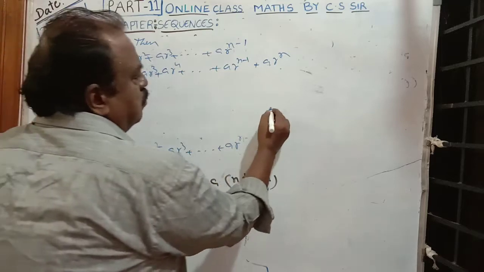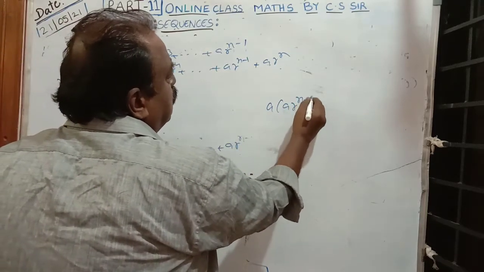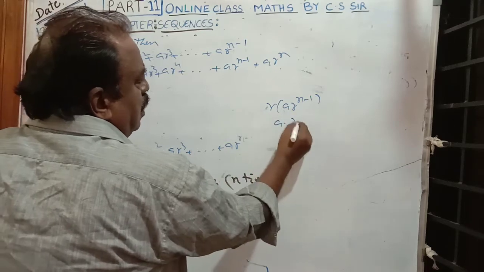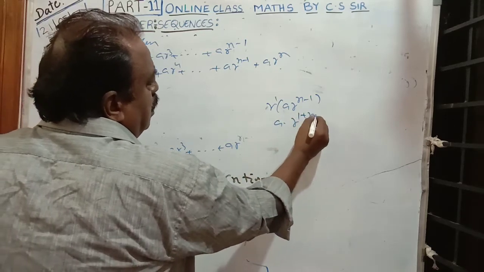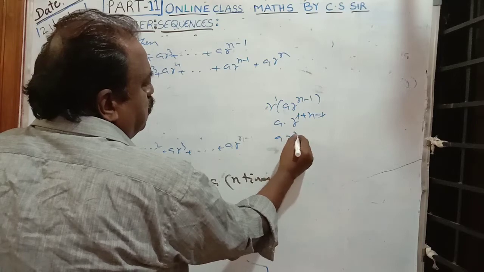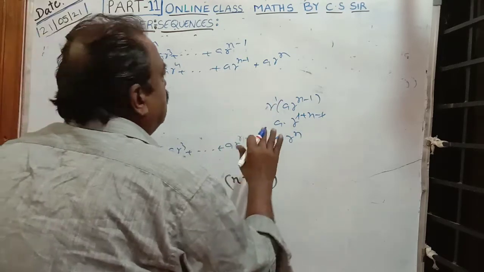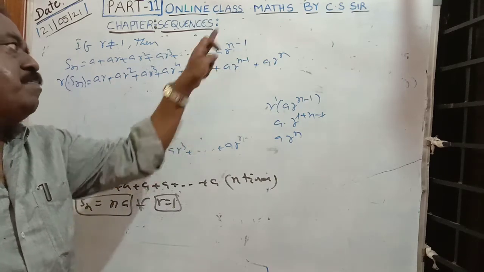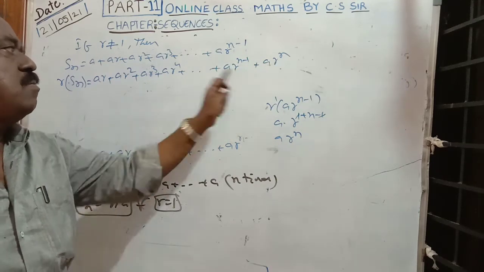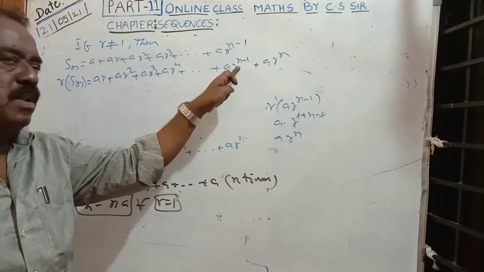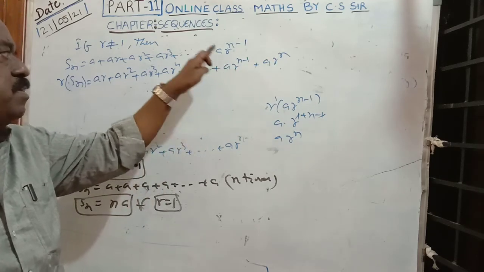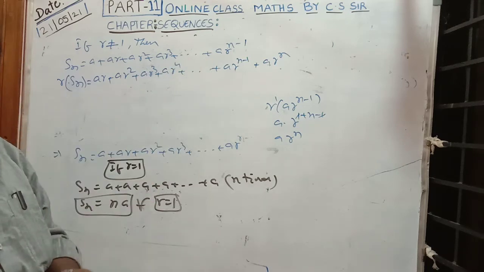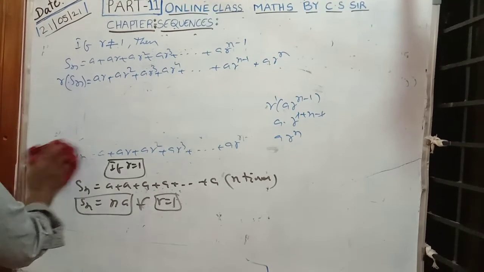Clearly, slowly observe: r into ar^(n-1) is ar^(1+n-1), that is ar^n. That is the actual series, but I am taking the extra term. What is the previous term? a is common, r^(n-1). For this one, the previous term is ar^(n-2), then ar^(n-3), and so on.